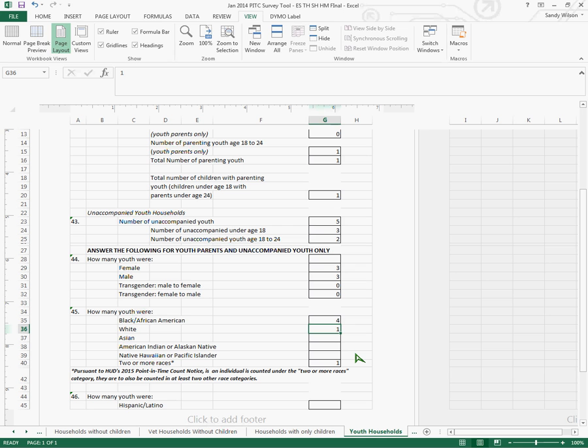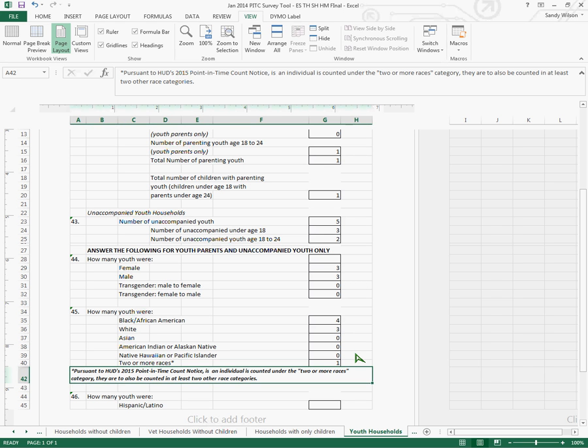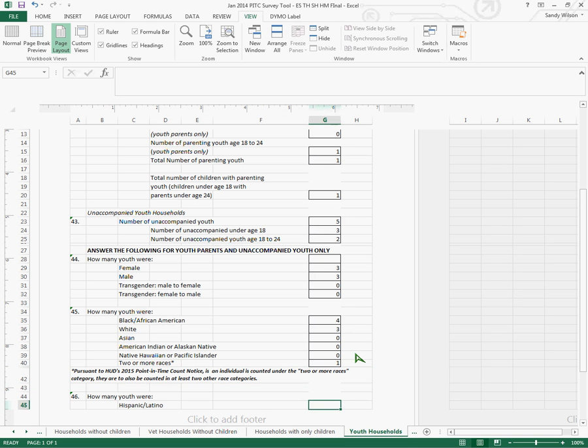And I had 2 individuals who were white, so I'm going to add those here. And I'm going to put zeros in the remaining because I didn't have any in those races. Now, looking at the 6 individuals again, how many presented as Hispanic? And in this example, I had 1.